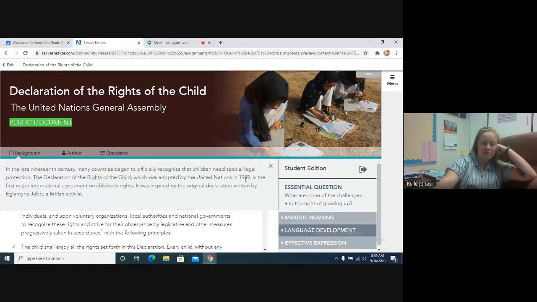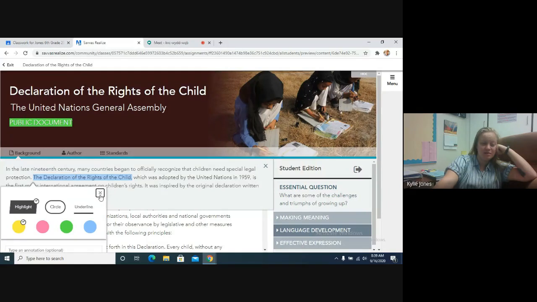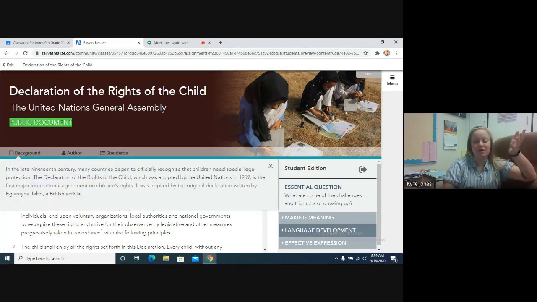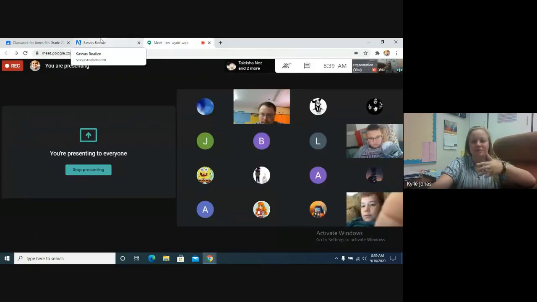So before this document, Declaration of the Rights of the Child, children were always put to work, in factories, in fields, wherever they were needed. And then people were like, maybe this isn't such a good idea to have children working all the time in awful conditions, like the factories they worked in were not good conditions.